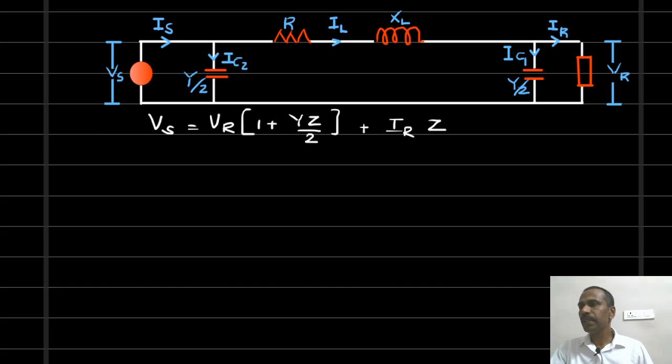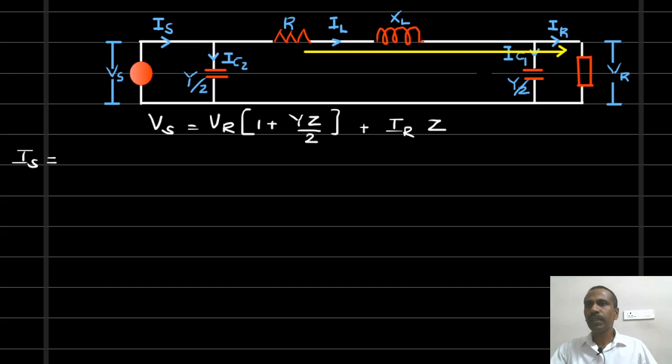Now we have to write the current equation, the sending end current equation. Is equals, now if you look at this network, the sending end current equals IL plus IC2. IL has two components. A part of IL flows as IR and a part of IL flows as IC1.